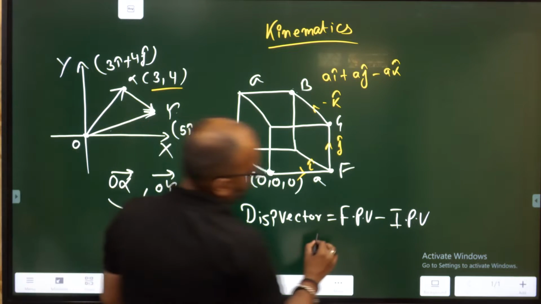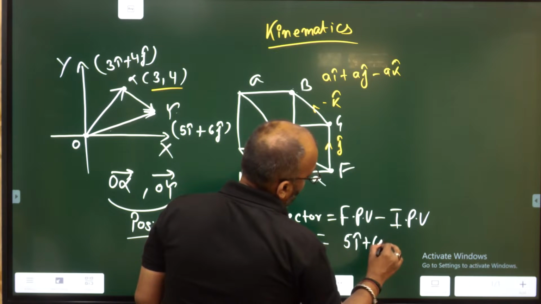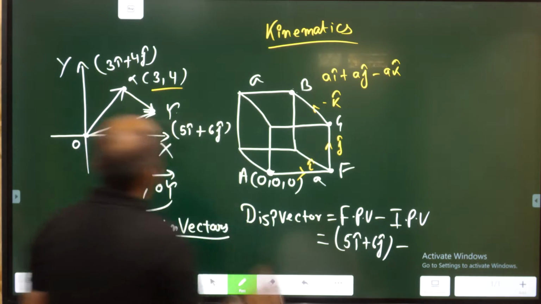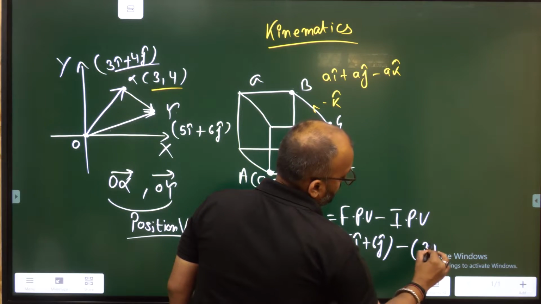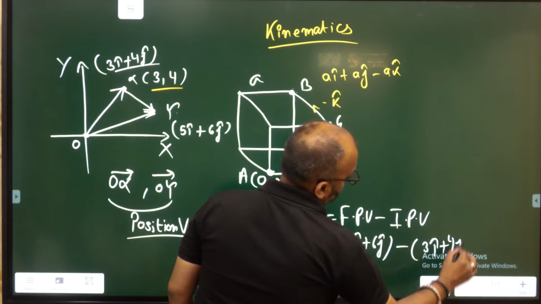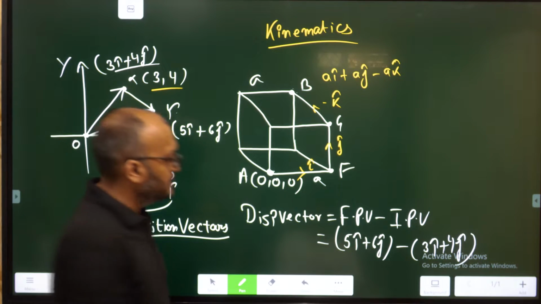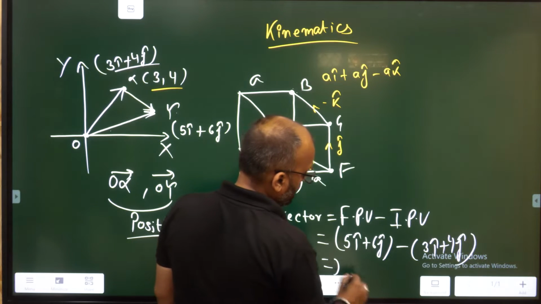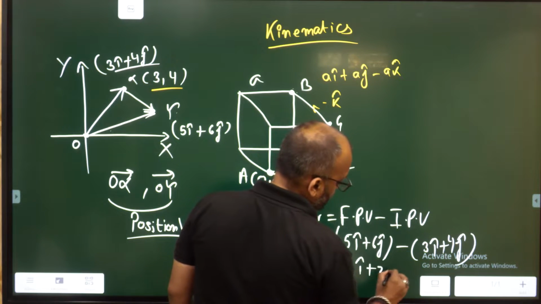O gamma. So 5i plus 6j cap minus initial position vector is 3i plus 4j. Yes or no? Subtract it. You will get what? You will get the displacement vector.